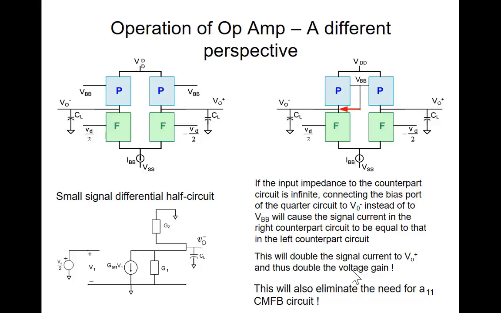Now this circuit is no longer symmetric. On the left side, we have a connection of the biasing point of the counterpart circuits to the output node. On the right, we don't.